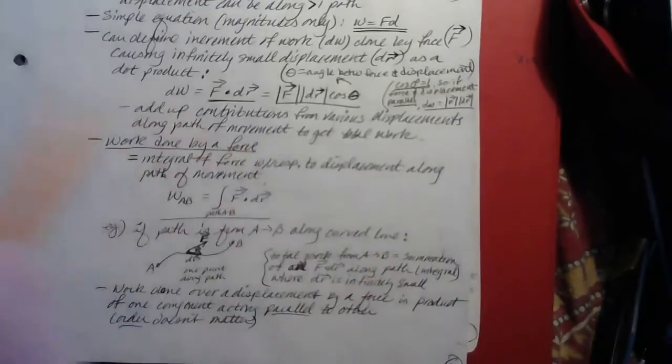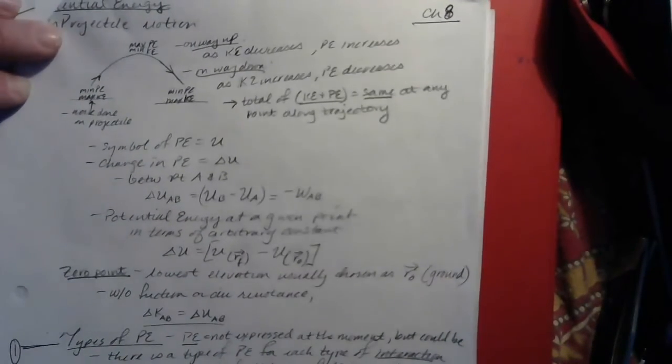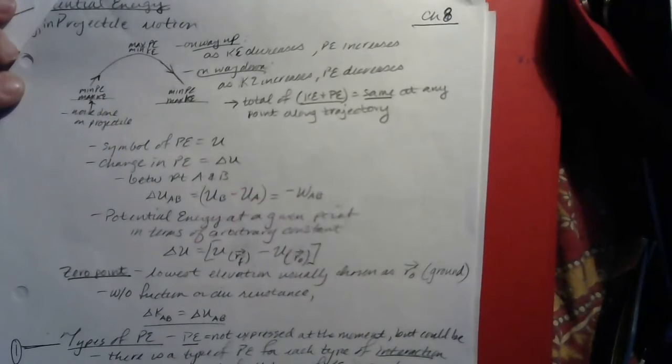And let's see, another example of that relationship between different types of energy, and also conservation of energy, comes in projectile motion. When you launch a projectile into the air, you have to do work on the projectile to get it to launch into the air. And when it first takes off, the kinetic energy should be the same as the amount of work done on the object to get it into the air.